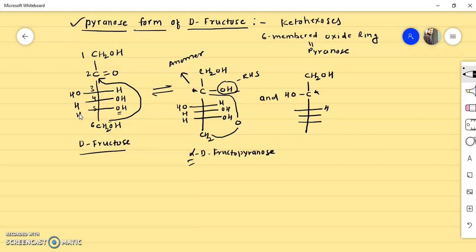So here is a hydrogen, and these two are the OH groups. So hydrogen, hydrogen and OH, and finally this CH2, and there is a bond between this carbon and this carbon. So this is the structure known as beta D-fructopyranose.